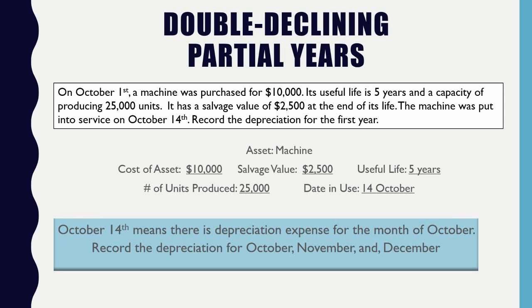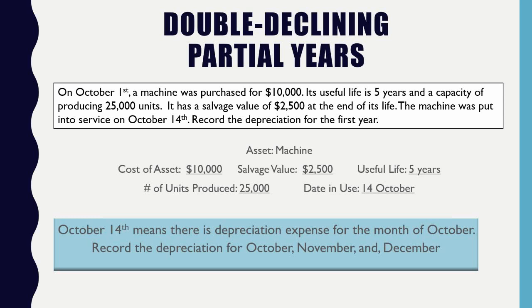Okay. So in this case, for this example here, we have a machine that's worth $10,000 with a salvage value of $2,500, and we know it's supposed to last us 5 years. Okay. And I have the number of units produced is 25,000, which we don't care about. And the date that we place it into service is October 14th.